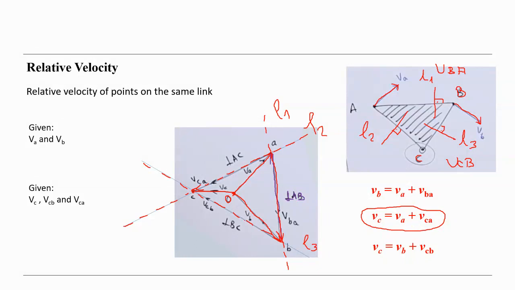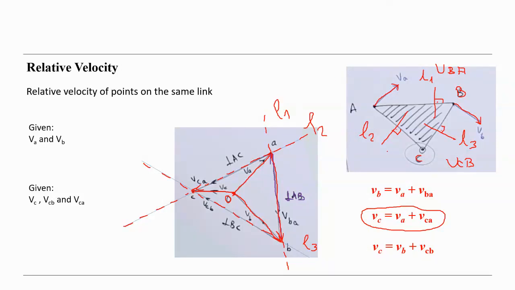That means if we know the linear velocity of two points of any member, we can calculate the linear velocity of any point on this member, like C here.